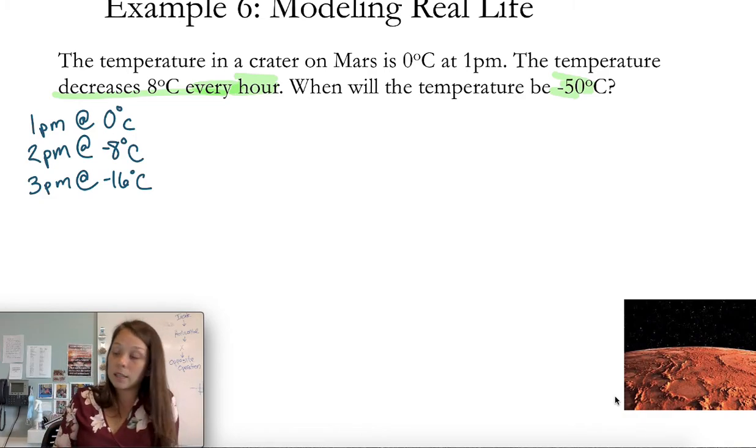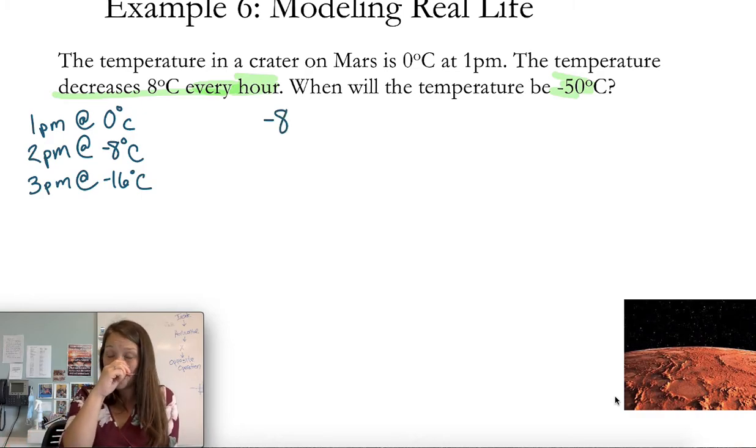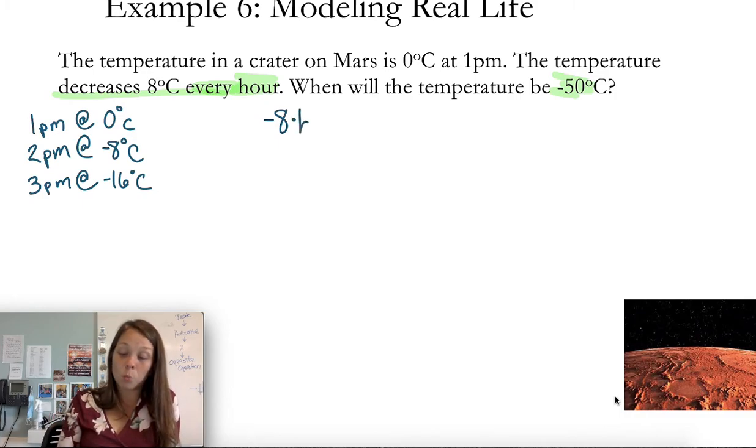Another way is to think about this and say, well, every hour we're going down 8 degrees. We have this negative 8 degrees. And so we could think, well, if we're going negative 8 degrees every hour, that would be like multiplication.